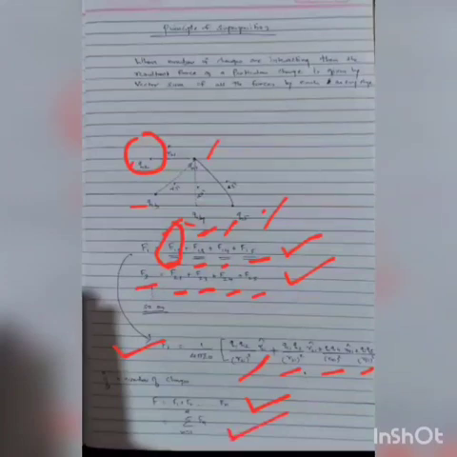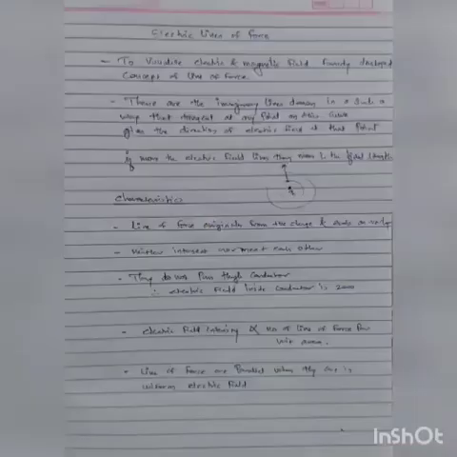Now we will move to electric line of force. Electric line of force and magnetic line of force are just imaginary lines developed by Faraday, so that we will have a clearer understanding about electric line of force and magnetic line of force, or electric field and magnetic fields.